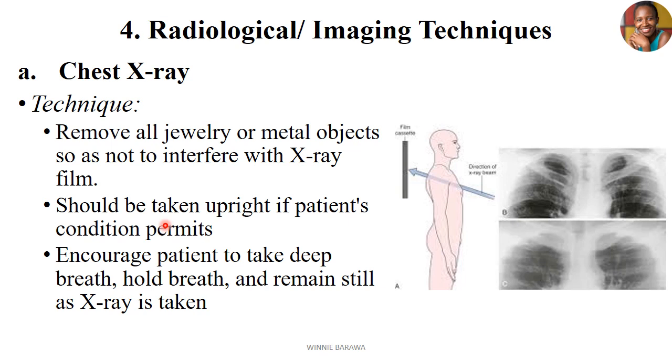In cases where the patient is not able to stand, there are maneuvers that can be done to help the patient be in an upright sitting position to allow exploration of the chest. Before the procedure, tell the patient to take a deep breath, hold that breath, and remain still as the chest X-ray is being taken. Then they can produce the different diagrams that come out after doing this procedure.